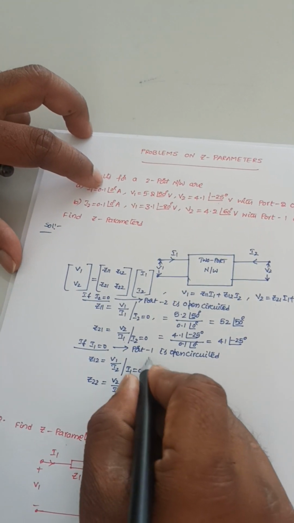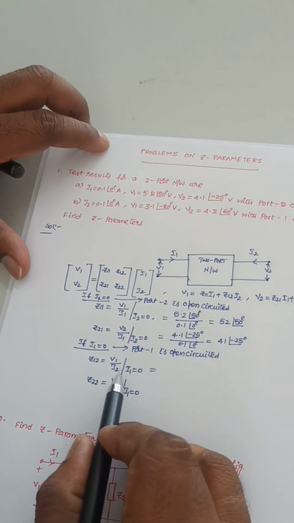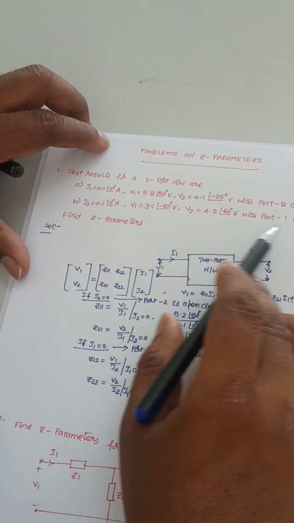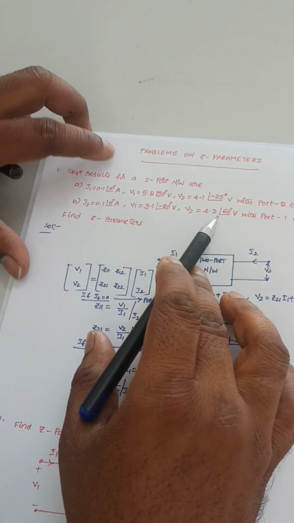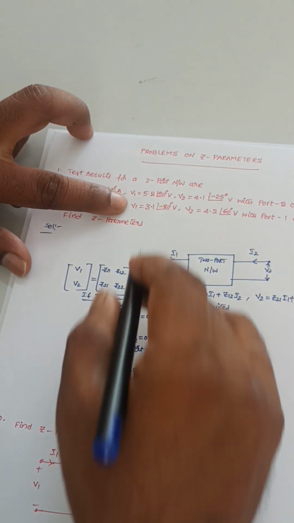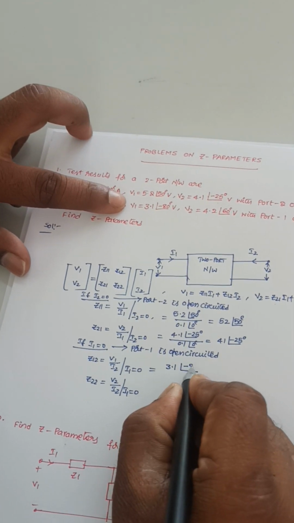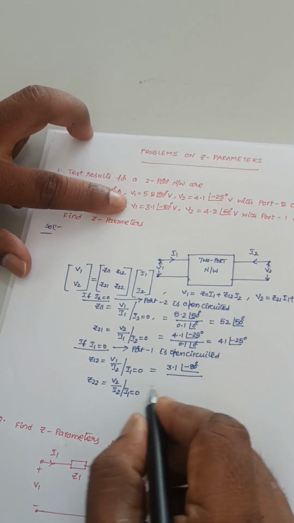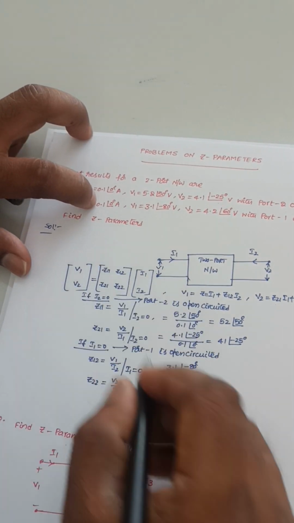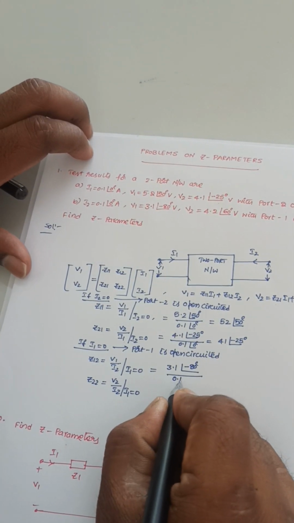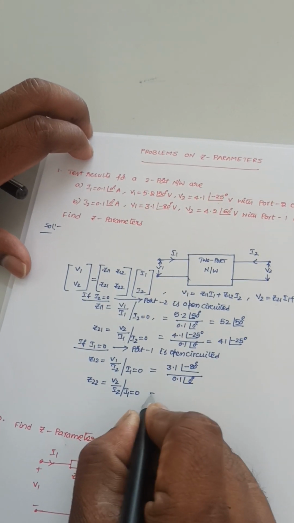Next, if port 1 is open circuited, these are the results that he obtained. The V1 value is 3.1 at an angle minus 80 degrees divided by the I2 value, 0.1 at an angle 0 degrees.